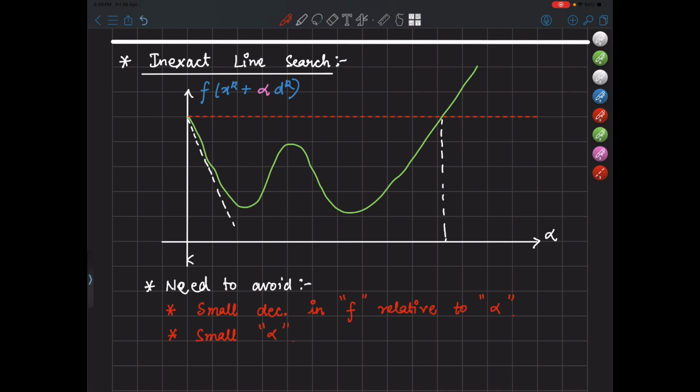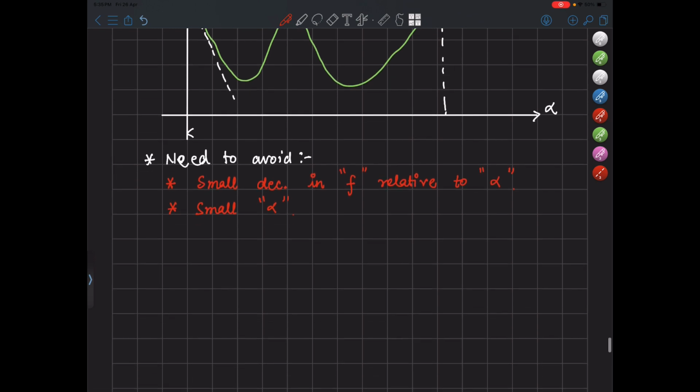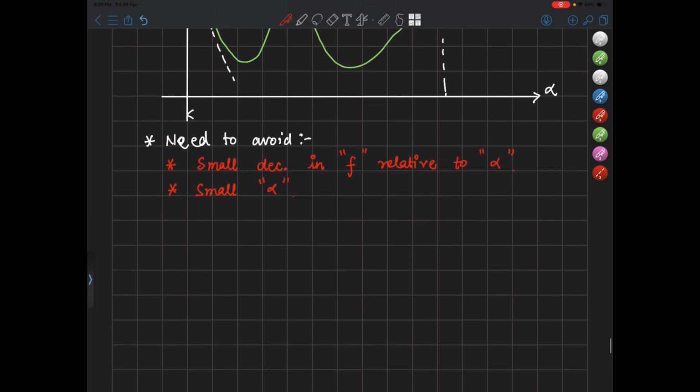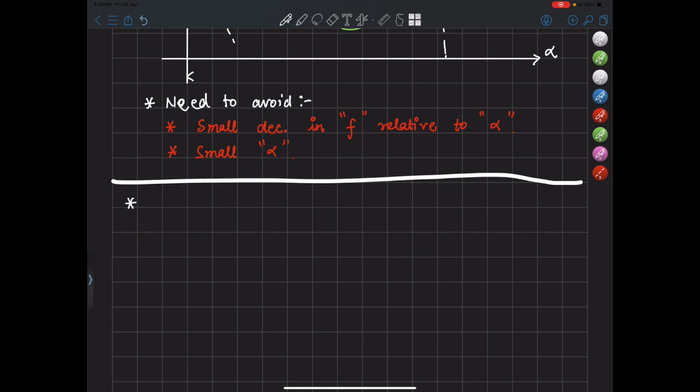Now, how can we avoid these two conditions? So there are several conditions that have been developed over time to ensure that we avoid these two things. The first one of them is the Armijo condition.